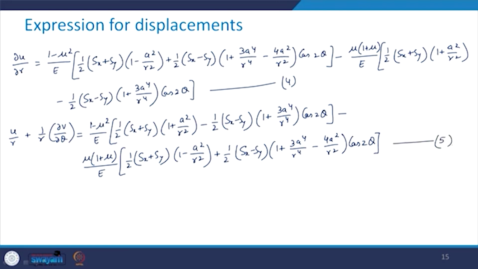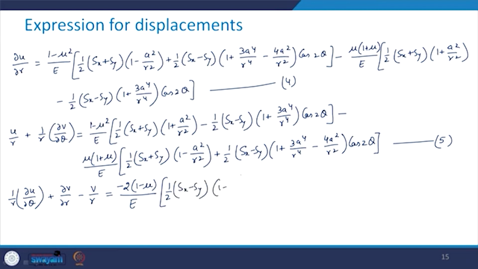Equation number 5, and the last equation, which is 1 upon r del u del theta plus del v del r minus v upon r. This is going to be minus 2 (1 minus mu) upon E half (Sx minus Sy) (1 minus 3a to the power 4 upon r to the power 4 plus 2a square upon r square) into sine of 2 theta.